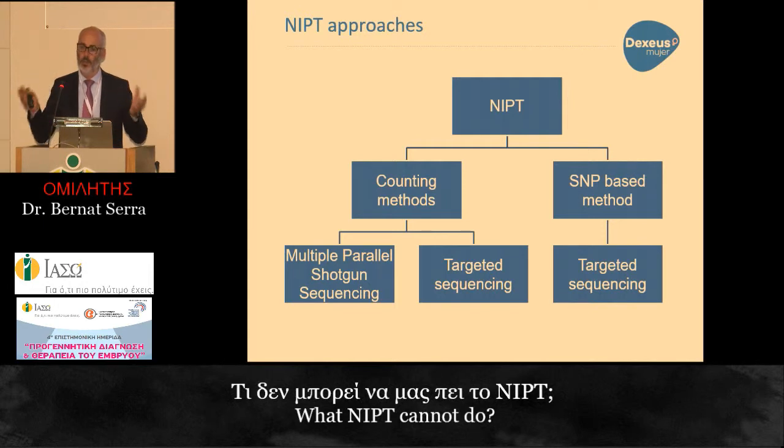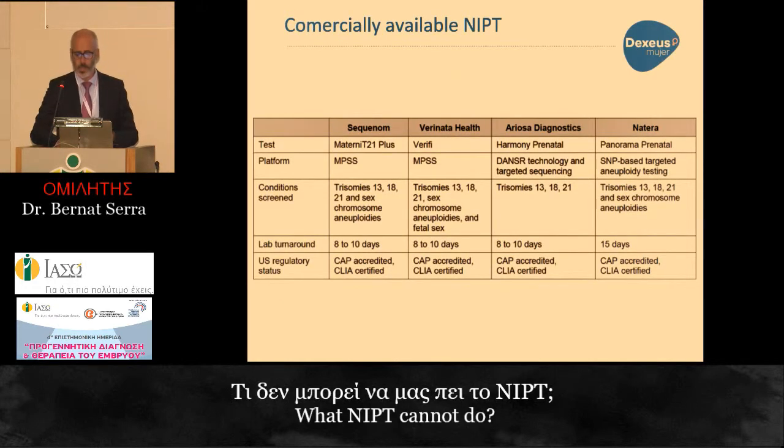They sequence the whole genome and then use this for the study. This last approach is more expensive, because it has to sequence the whole genome. Using this approach, you find the Verifi test from Illumina laboratory and Materni21 Plus from the Sequenom laboratory.